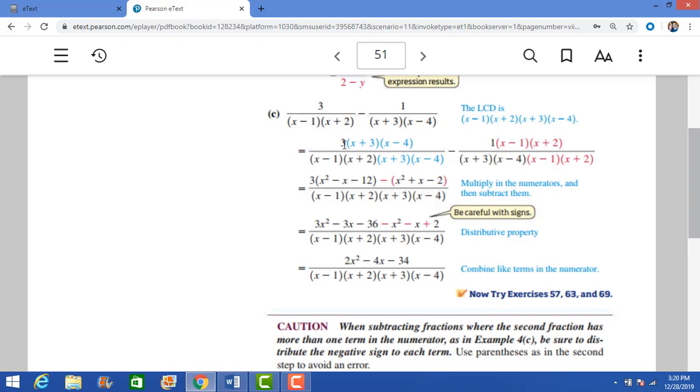So now we've got the missing pieces. We're multiplying the top and the bottom by these 2 factors, and over here, by these 2 factors. And so now we've got a common denominator that now we can subtract across the top, which we did here.